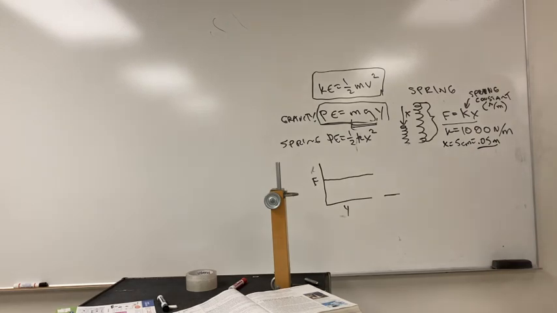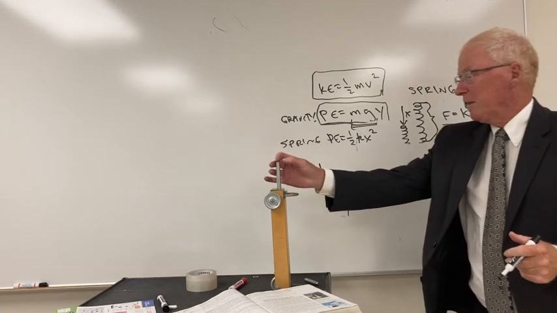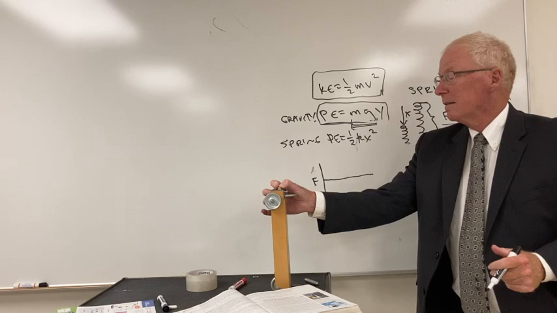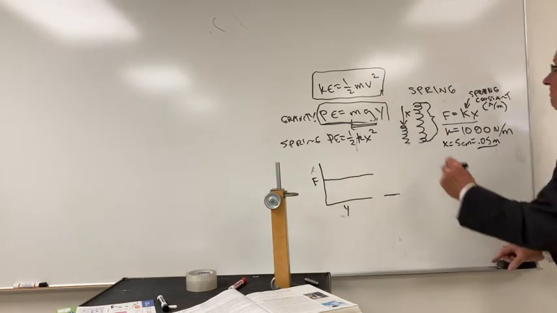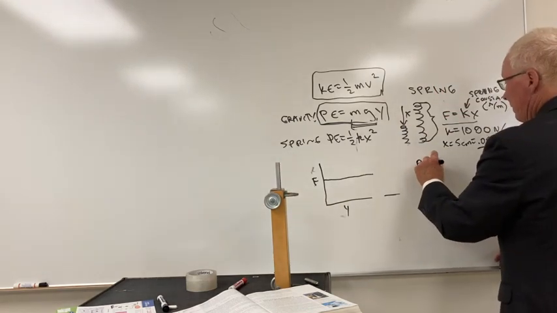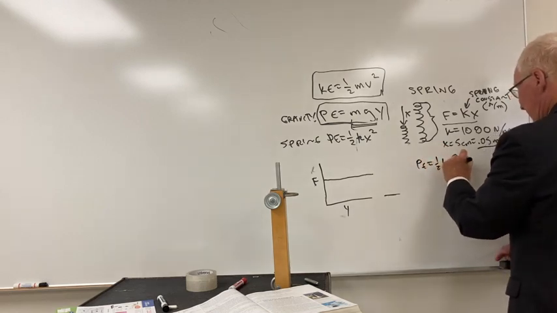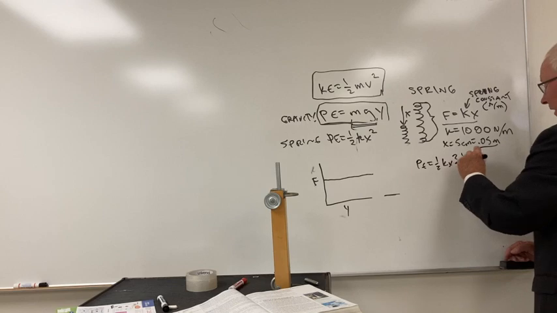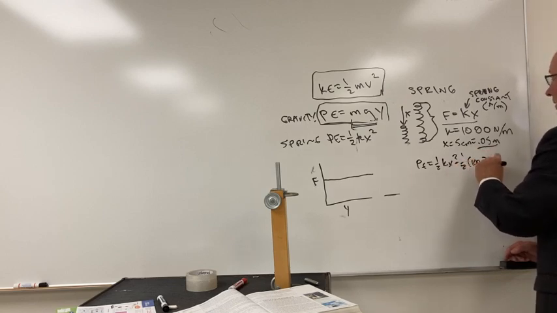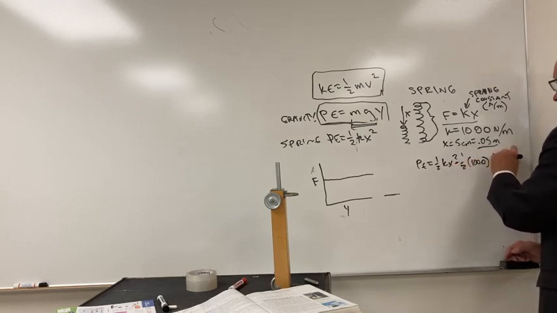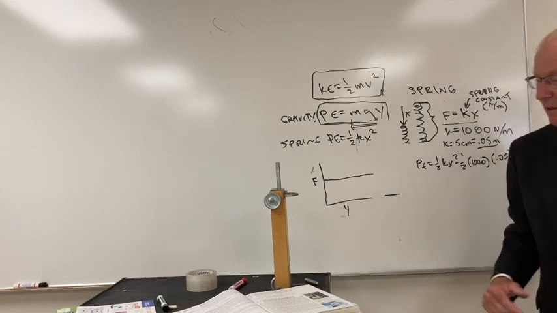Then the potential energy, when I first compress this, is going to be 1/2 kx squared. And again, I'm just making this problem up. So it'll be 1/2 times 1,000 times 0.05 squared. And I'm going to need to get a calculator.